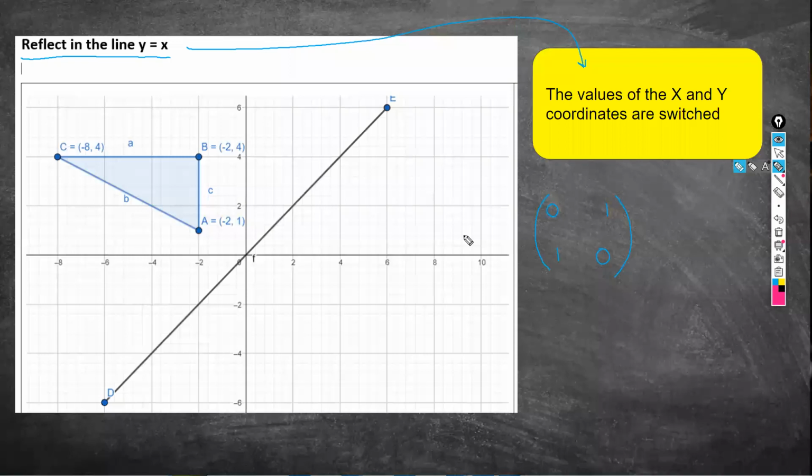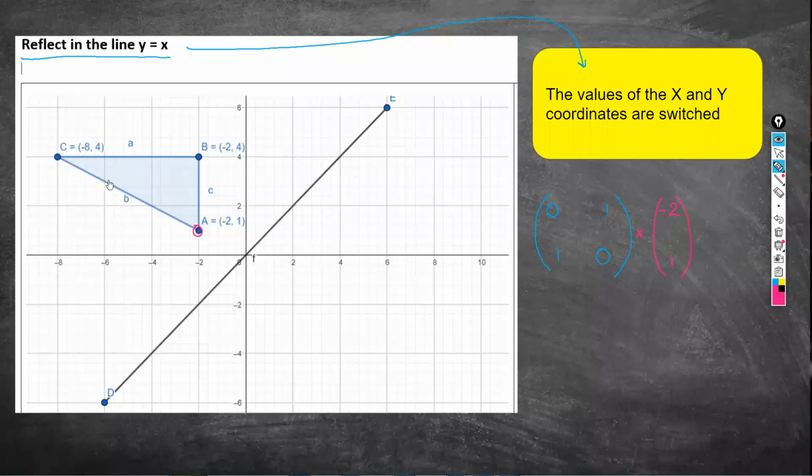And just like last week, we would go to all the points individually. Let's start with point A. And we would take point A and multiply it by the matrix. Now, point A is -2, 1. We always put the x coordinate on top and the y coordinate underneath.